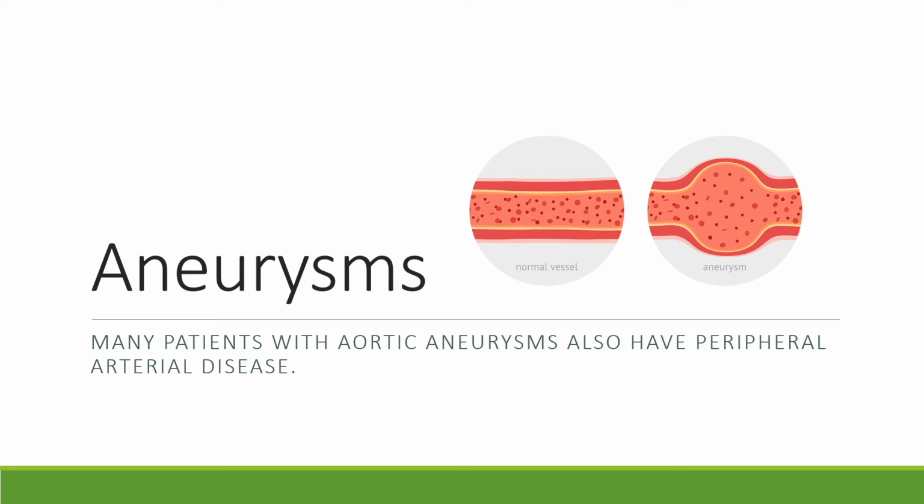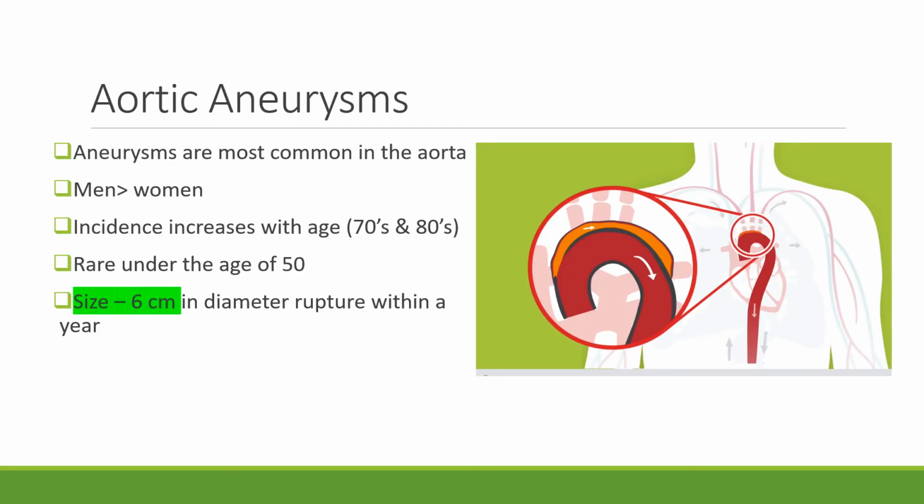Now, peripheral arterial disease is a nice segue into our next topic of aneurysms. Many patients with aortic aneurysms also have peripheral arterial disease. One of the most common problems affecting the aorta is an aneurysm, which is a permanent localized outpouching or dilation of the vessel wall.